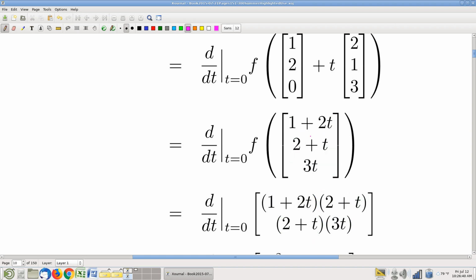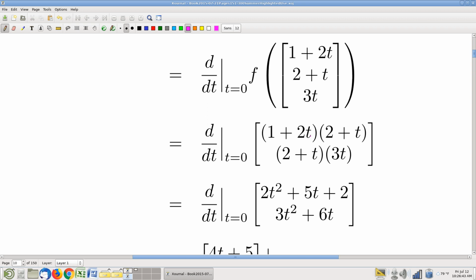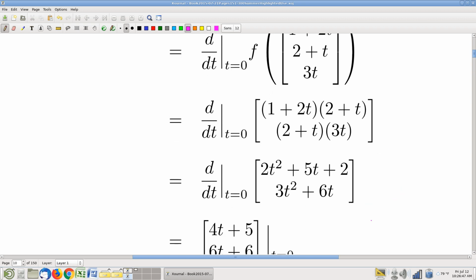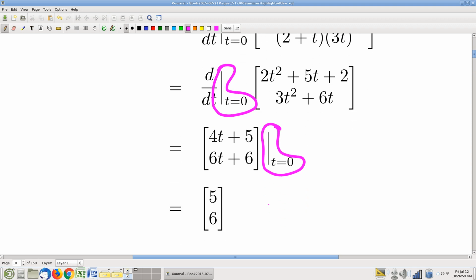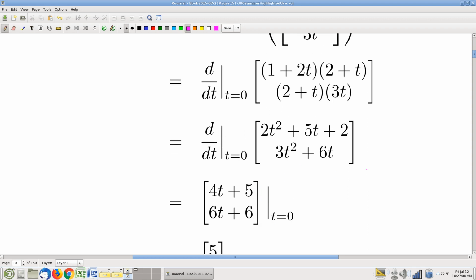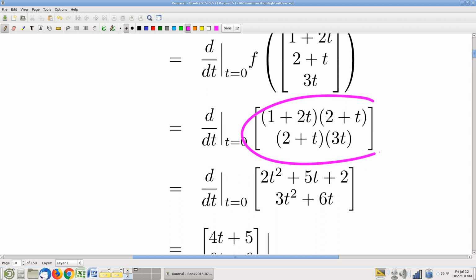And okay, well, multiply it out. Again, just algebra. Take the derivative. At the very last second, of course, and no earlier, plug in t equals 0. And there we go, we get 5, 6. So, I mean, it's not that different. I guess one difference is, look, when we plugged into the function, yeah, we did get a vector.